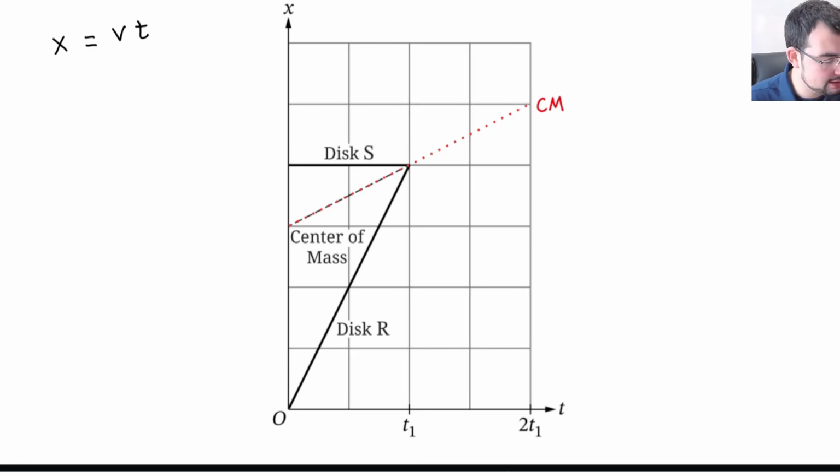So for R is going to reflect. So that would be like a pure reflection, but its speed is going to half. So I get this. So we'll call this one R.